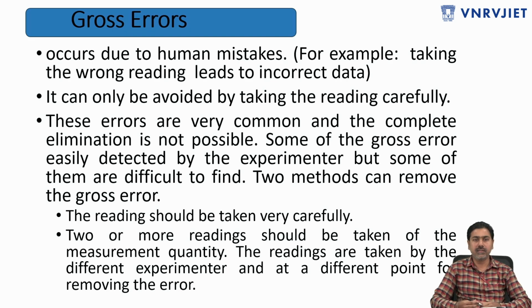First one is the gross error. The gross error is basically due to the human mistake. When we take the reading from the instrument, because of human mistakes, because of improper recording of the value, this type of error will arise. To overcome this gross error, there is no 100% solution, but we can reduce the gross error by avoiding the human mistakes, by noting down the proper value of the measured value.